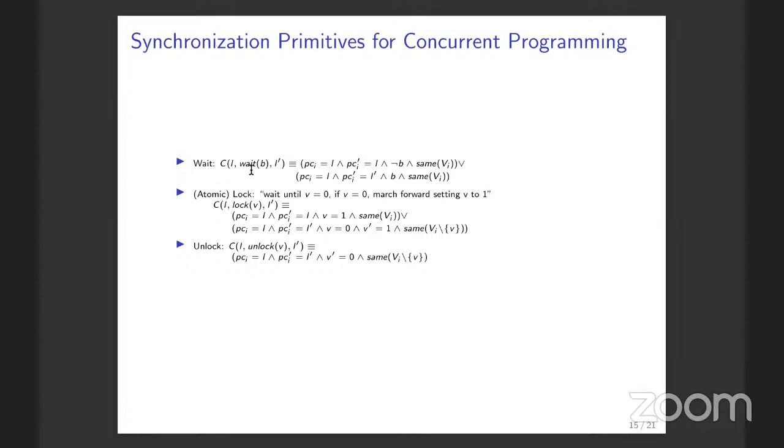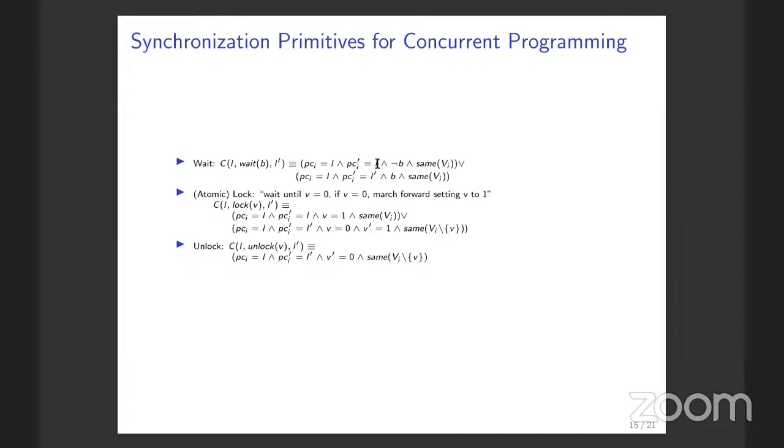You can see the piecewise transition relation, like we define for a sequential program. We define it here. The effect of this has a pre-label and a post-label. The effect of wait is, if B does not hold good, then nothing changes.